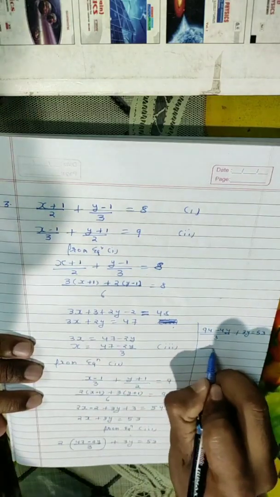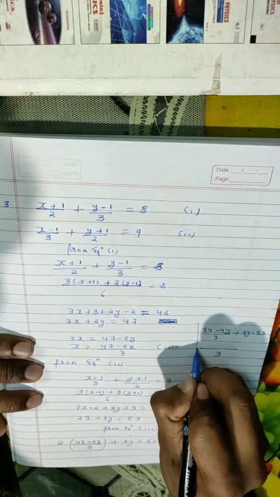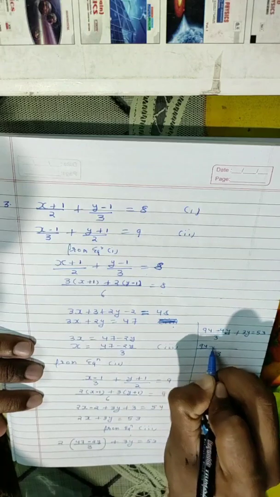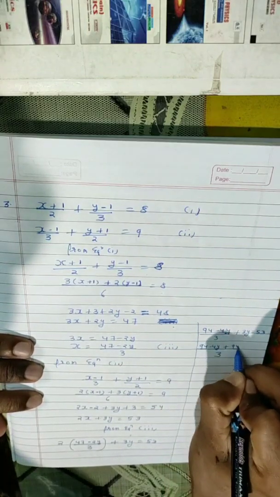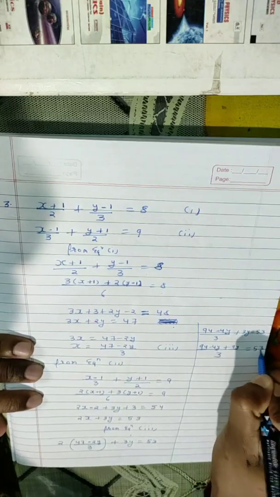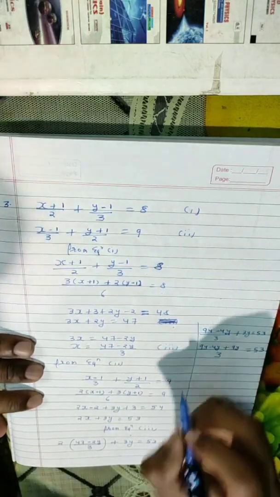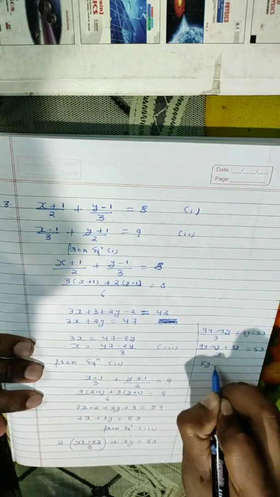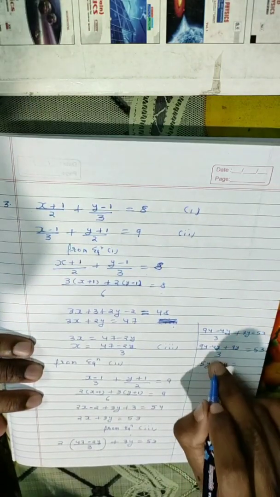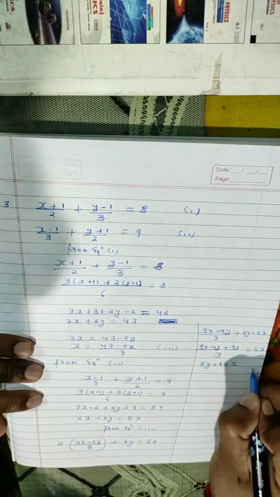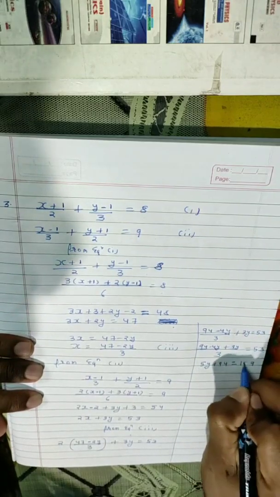Now if I take 3 as an LCM, it will become 94 - 4y + 3 times 3y, which is 9y, is equal to 53 times 3. Or 9y - 4y will become +5y, plus 94, and we have to cross multiply 3 with 53, so it will become 159.